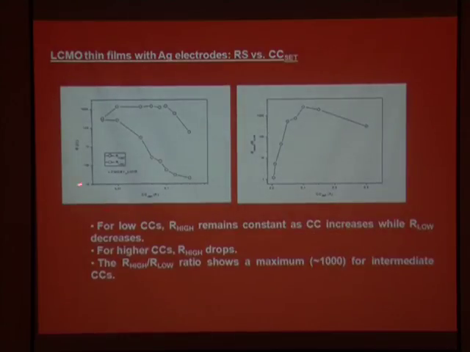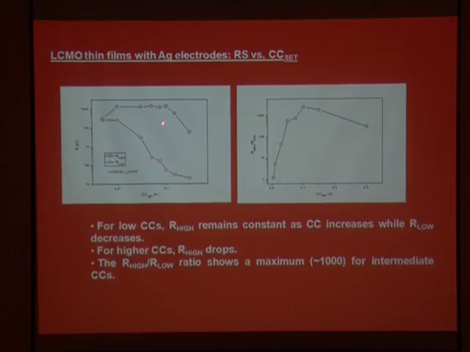It is found in this figure that this is the evolution of R high, and this is the evolution of R low, and we see that for low compliances, that is here, the high resistance level remains nearly constant, while the low resistance level decreases.